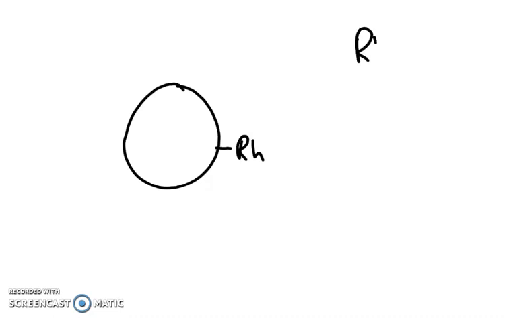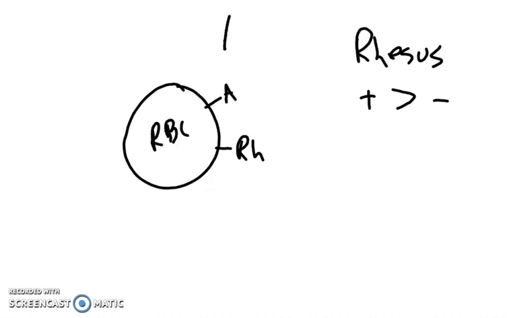RH stands for rhesus, named after the monkey. So guess what happens? Positive is dominant to negative. So once again, here's my red blood cell. Well, I'm type A because I definitely have the A receptor. But then guess what? Since I have the RH, now I'm A positive.